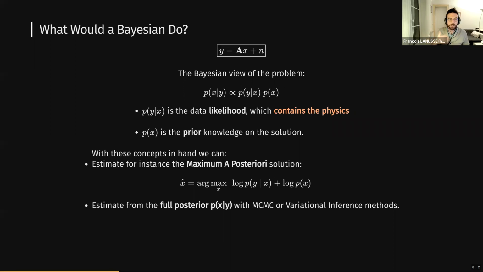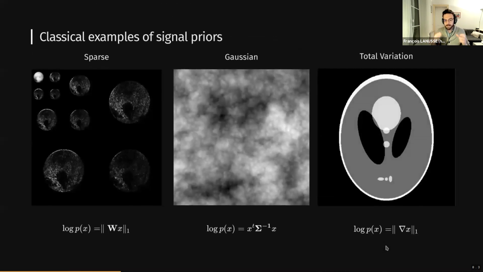And so the question you should always ask when you meet a Bayesian is how do you choose your prior? Because this is usually the most tricky part of this problem. And the choice of prior can heavily influence your solution. The thing that you can directly realize here is that you need a prior that you can actually numerically evaluate on your solution in order to use it within those algorithms. And this fact that you needed to evaluate the prior numerically has been a limiting factor for many years on the complexity of the prior that you could possibly use for solving those inverse problems.